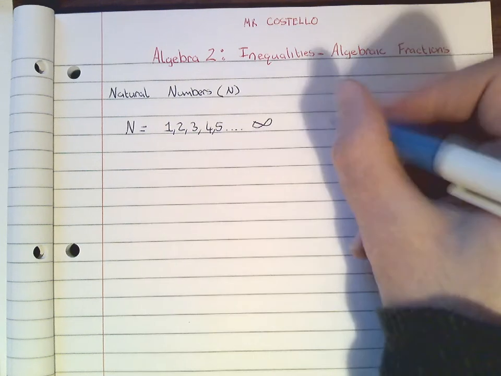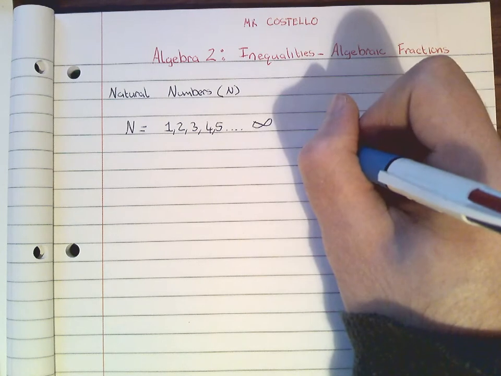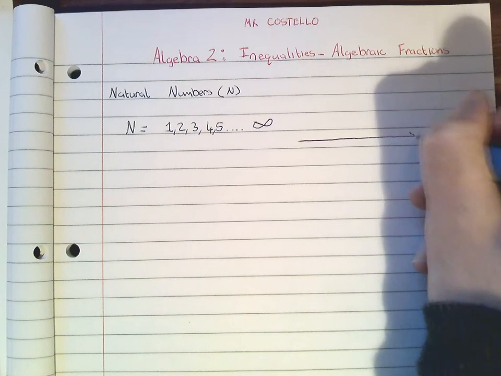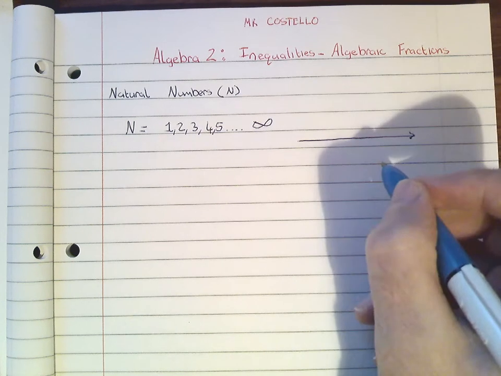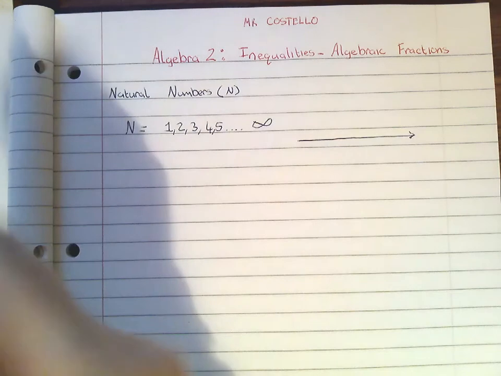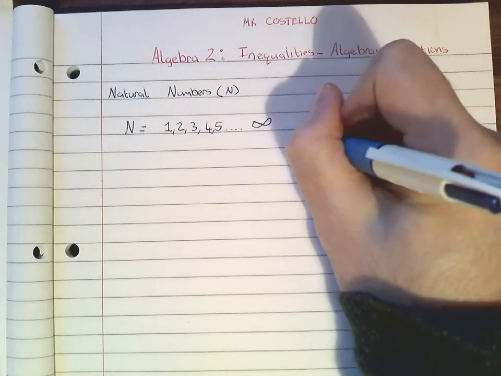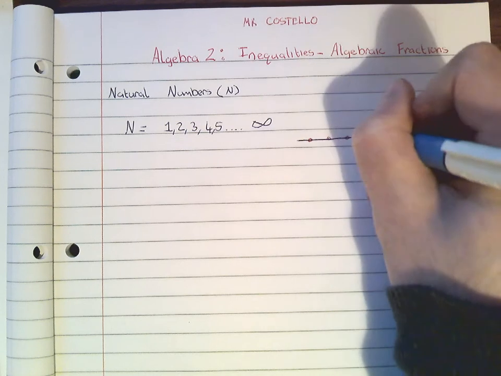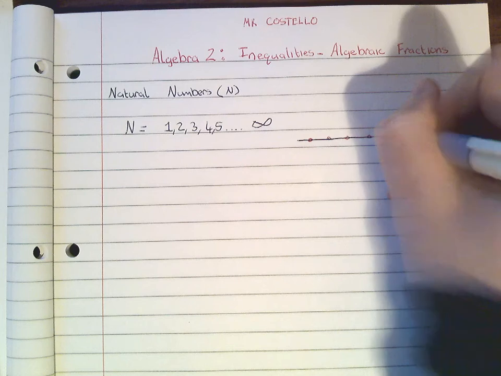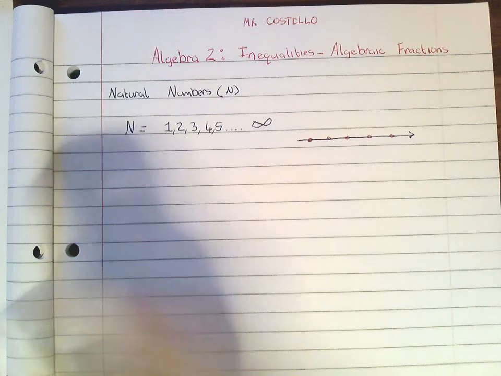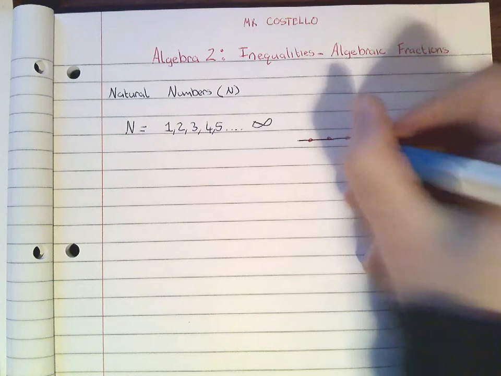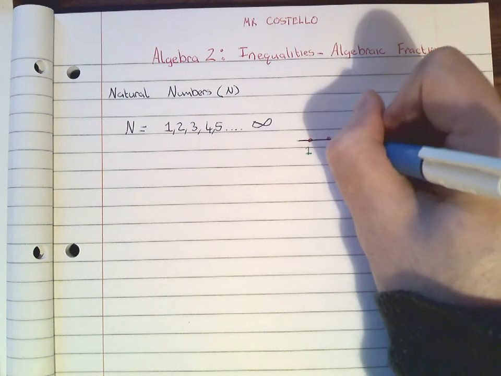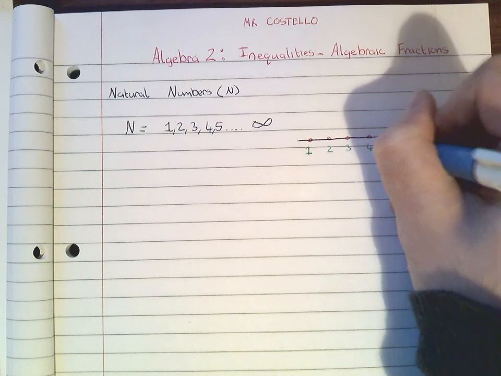And we can plot this on a number line as well. We can draw a number line, and we can literally put dots on the number line: 1, 2, 3, 4, 5, and each dot represents one of these natural numbers, and so on and so forth.